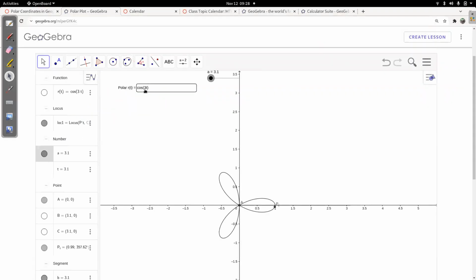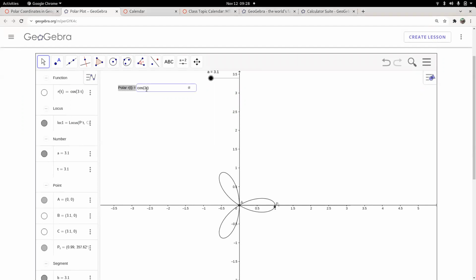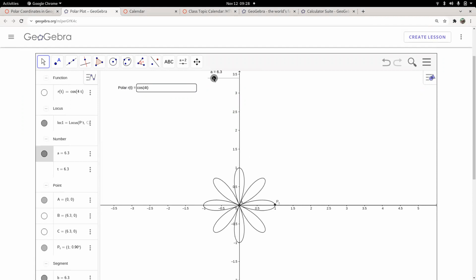So all I have to do is go in here, any one of those apps, and just replace that 3 with a 4. I haven't graphed enough here, so I got to graph some more. And there are 1, 2, 3, 4, 5, 6, 7, 8 leaves. Okay. And then if we put a 5 there, we get 5 leaves. Cool.